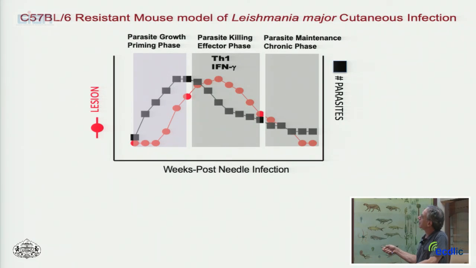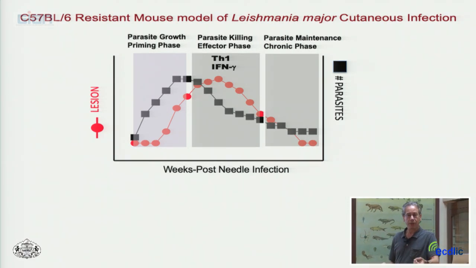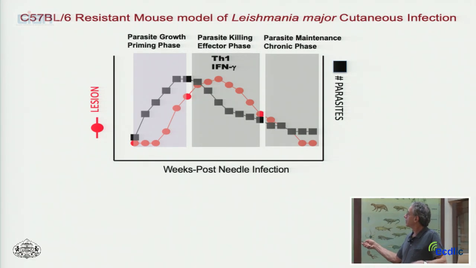You start killing these parasites after a few weeks, and you contain their growth and you kill most of them. But to emphasize again, there is never a sterile cure. There's always some parasites left. And we're convinced that's true in people.